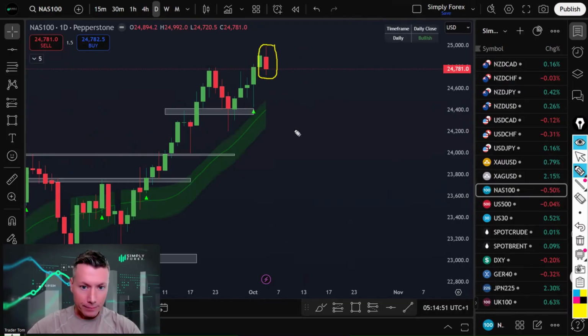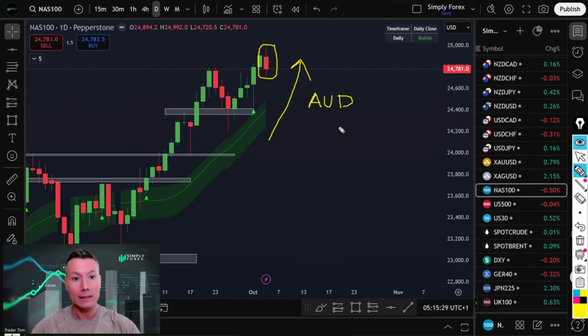Now, generally speaking, if the indices are bullish, which they have been, we see Aussie dollar strength. Aussie dollar is a very risk-on Forex currency. Risk on basically means investors are willing to trade in riskier assets, and riskier assets are stocks.